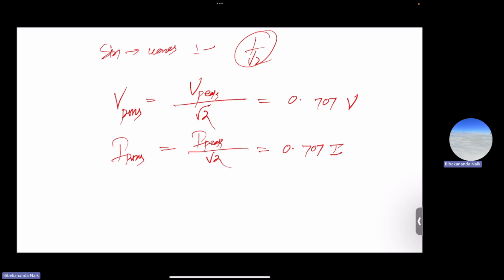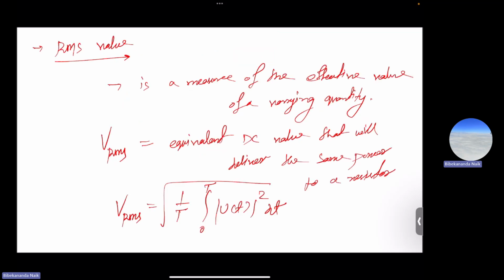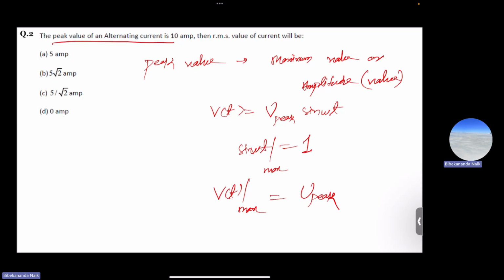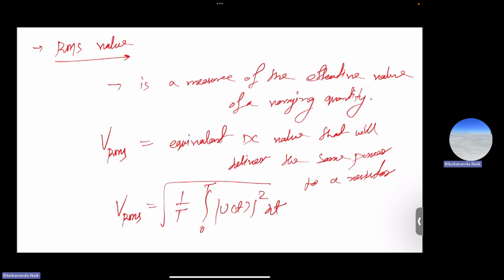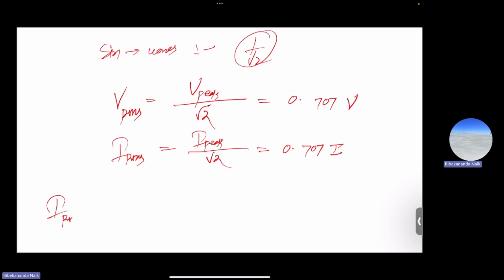So similarly, if you come to our question, the peak value is given as 10 ampere. So RMS value will be I peak divided by root 2.